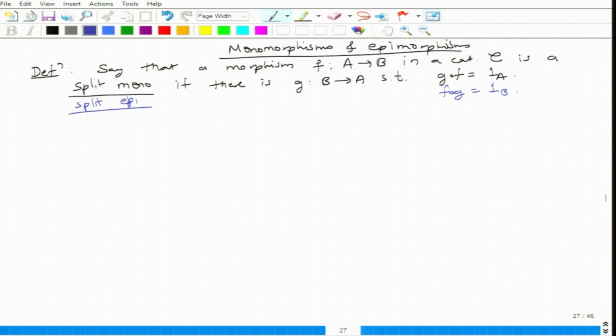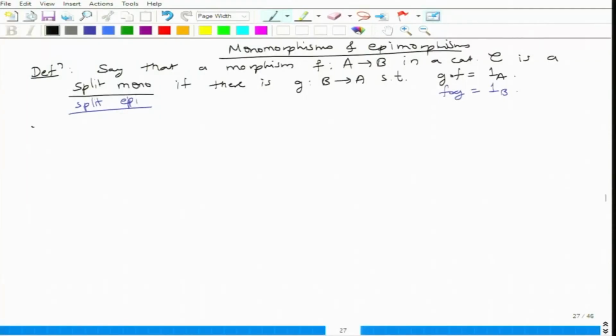Now, because I have used some adjective with mono and epi, you can see that this is not the real definition of monomorphism and epimorphism, because split monos and split epis are very rare in categories. In fact, let's write down examples.